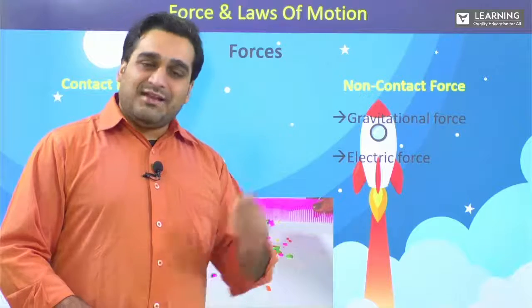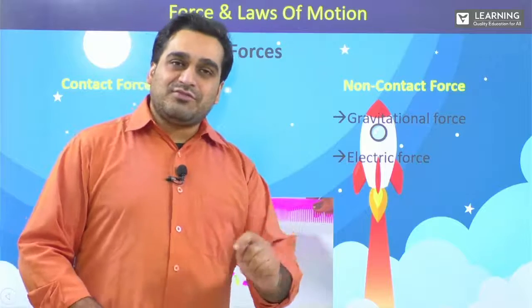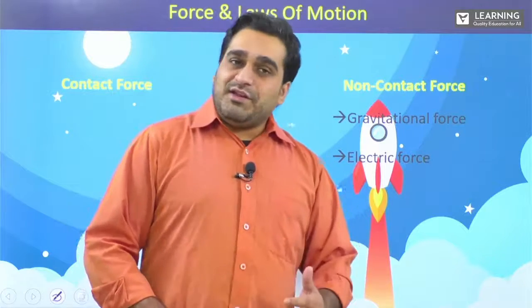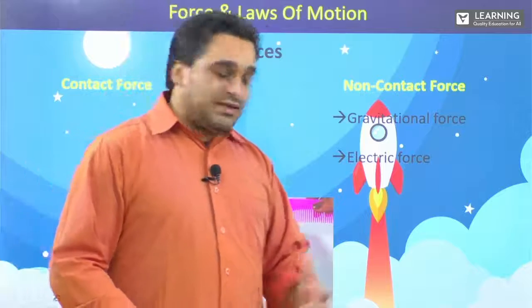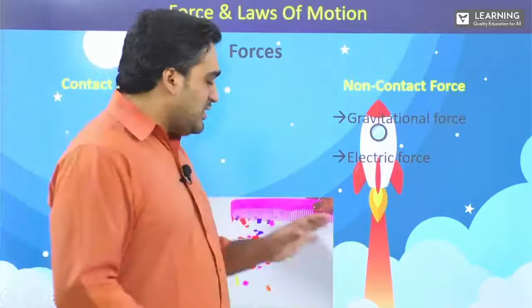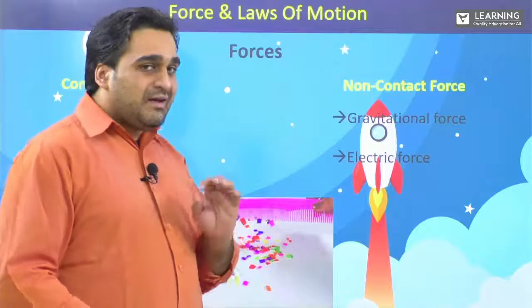You rub it against your dry hair, and then bring it close to bits of paper, and you observe that these bits of paper get attracted to the scale. An explanation of why this happens is based on an electric force, namely electrostatic force, because once the charges are settled on the comb, they are at rest.